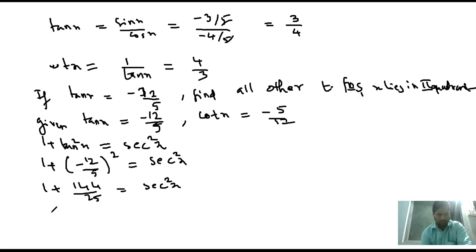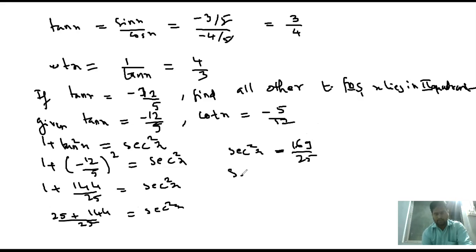What is the LCM? It is 25. So 25 multiplied to 1, so 25 plus 144 by 25 is equal to sec square x. So sec square x is equal to 169 by 25.